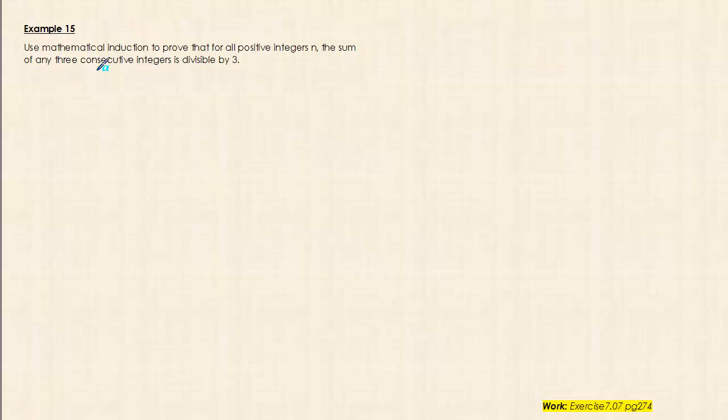Use mathematical induction to prove that for all positive integers n, the sum of any three consecutive integers is divisible by 3. So what are we required to prove? n plus n plus 1 plus n plus 2 would be 3 consecutive integers.